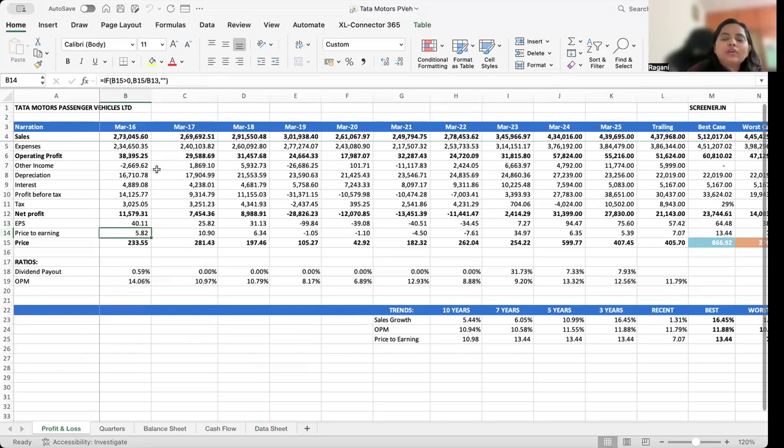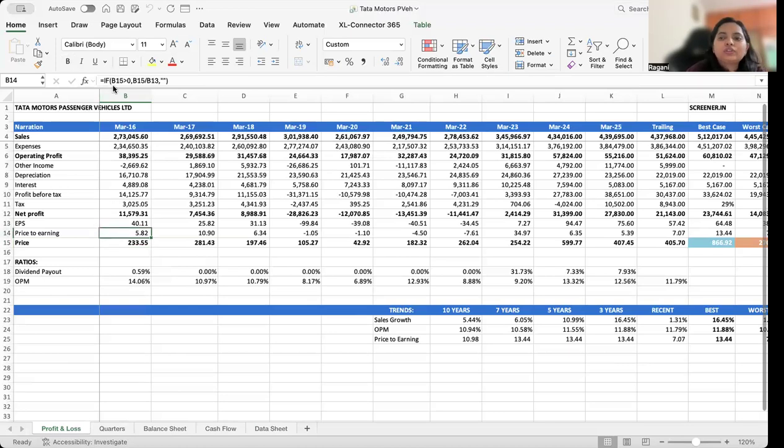I used the IF function for price to earnings, where first I took the data from the data sheets for pricing. Then I calculated price to earnings.